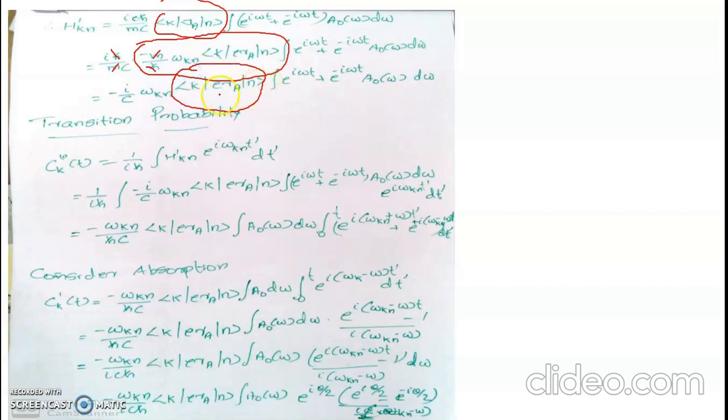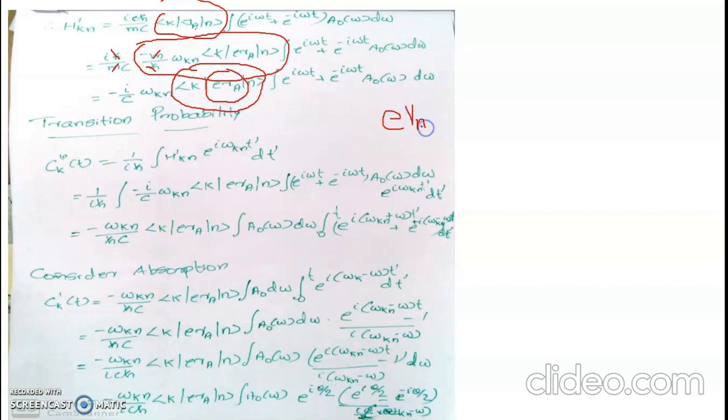Then it means that whenever there occurs interaction of radiation in the visible range with a material medium, this radiation will be accounting for a transition of the electron from an initial state Kn to a final state K. And this transition is governed by this operator say ERA. What is the significance of this operator ERA?